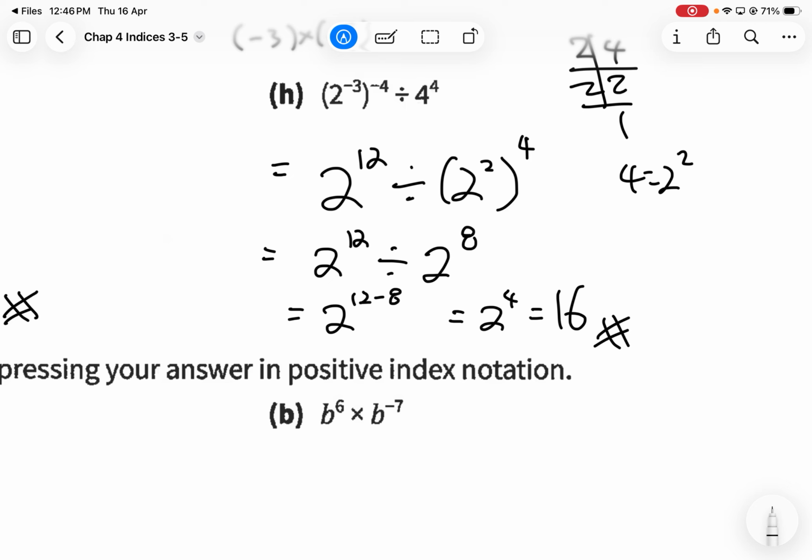You don't need to shift this to the bottom. We should only shift bottom when we want to change the sign of power. I want to change from negative to positive, I bring it to the denominator. Then if it was in the denominator and it is negative, I want it to become positive, I bring it to the numerator.